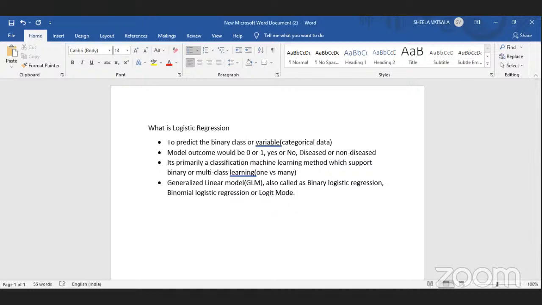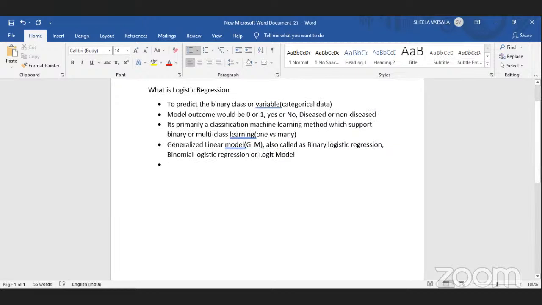All right, we'll come to the term logit. What exactly do we mean by this? Let's come to that next.